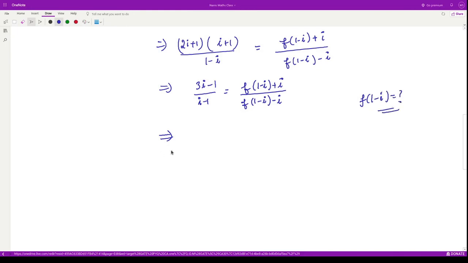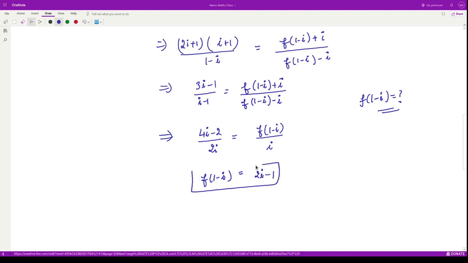You have to evaluate this thing. So when you solve this thing, you will be having 4 iota minus 2 divided by 2 iota. This thing is equivalent to f of 1 minus iota upon iota. So from here, f of 1 minus iota comes out to be 2 iota minus 1.